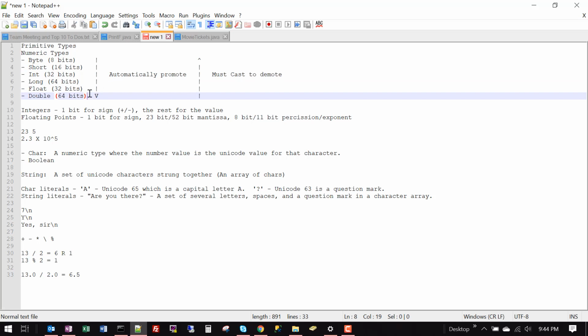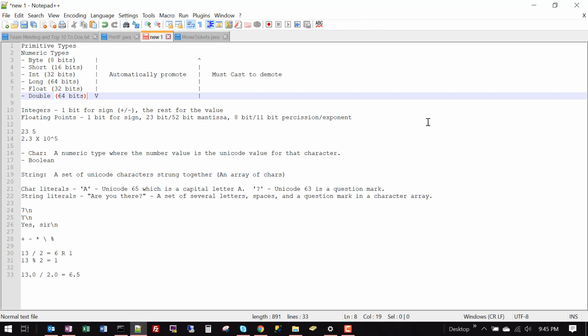That's why even longs will fit into floats, even though the way the numbers are stored allows it to kind of go the other direction. And for demotion, we have to use the cast. We have to put the data type in parentheses to tell it to force its way, and that we as the programmers are willing to accept whatever consequences occur there.